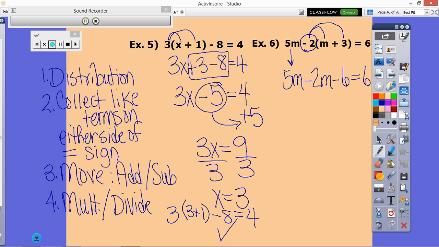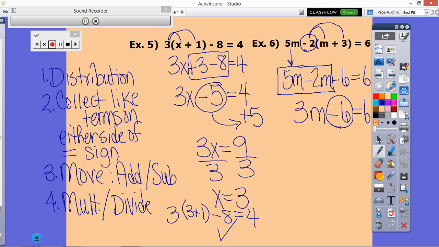I'm now rid of the parentheses, so I'm ready to combine like terms. You'll notice on the left-hand side of the equation, I do have a 5m minus a 2m, which would leave me 3m. So I'm going to combine those two terms, and everything else just comes down. One variable, one constant on either side is the max that you should have after this step.